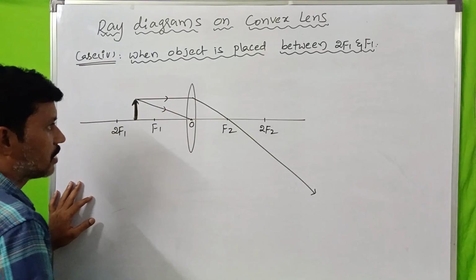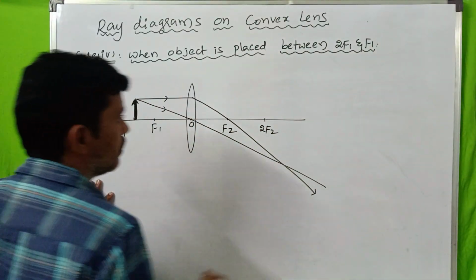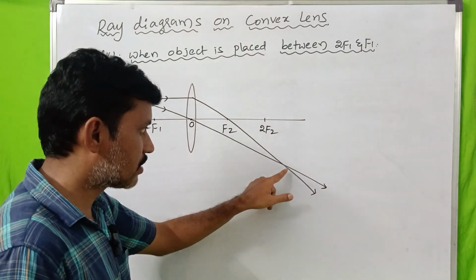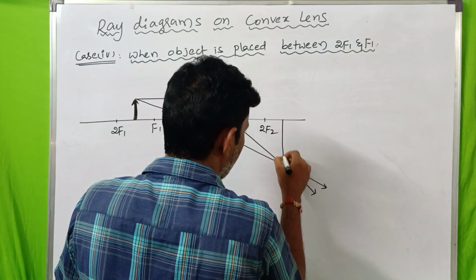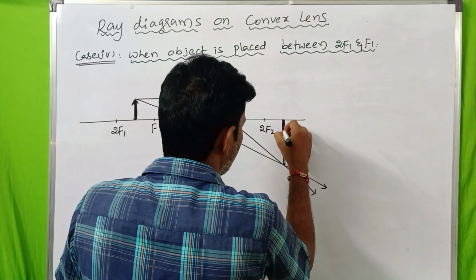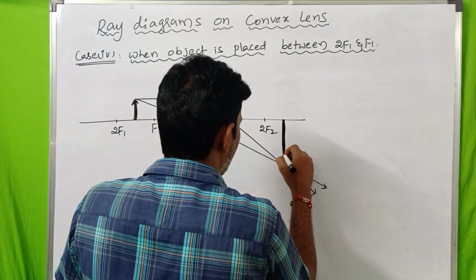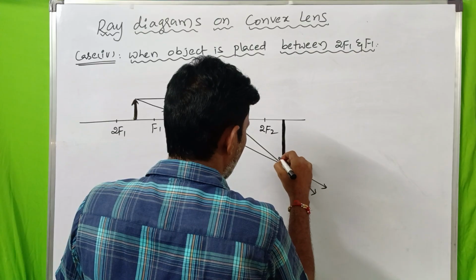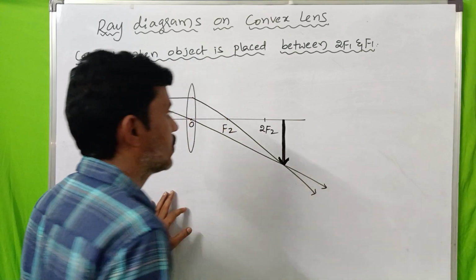Where the two refracted rays meet, the image is formed like this. This is the image position.